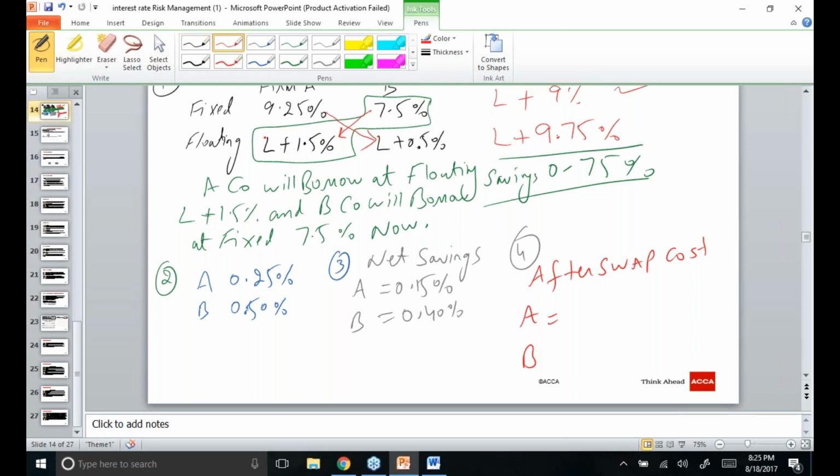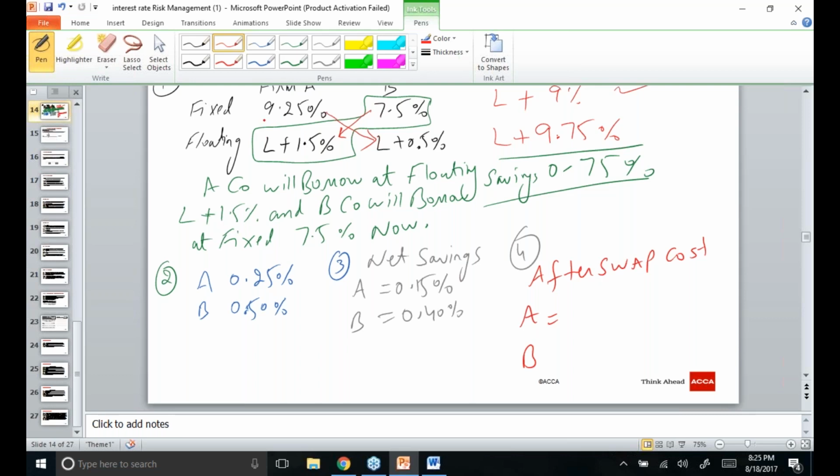So if A has already borrowed at floating rate, that means after swap, A must have a final exposure in fixed rate.